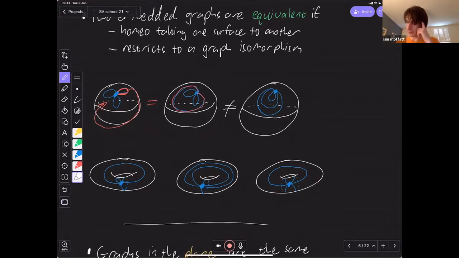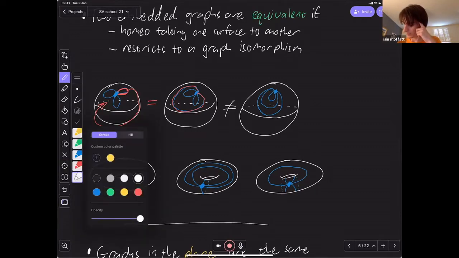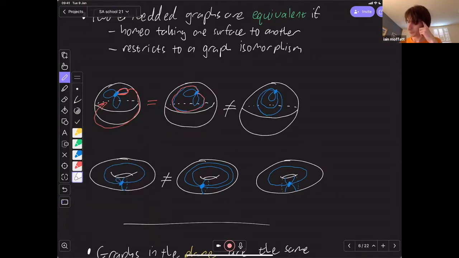And again, what you see similarly for the torus is that even with this graph of 3 loops, I can still embed it in the torus, not only the sphere, and I can start getting inequivalent embeddings of it.